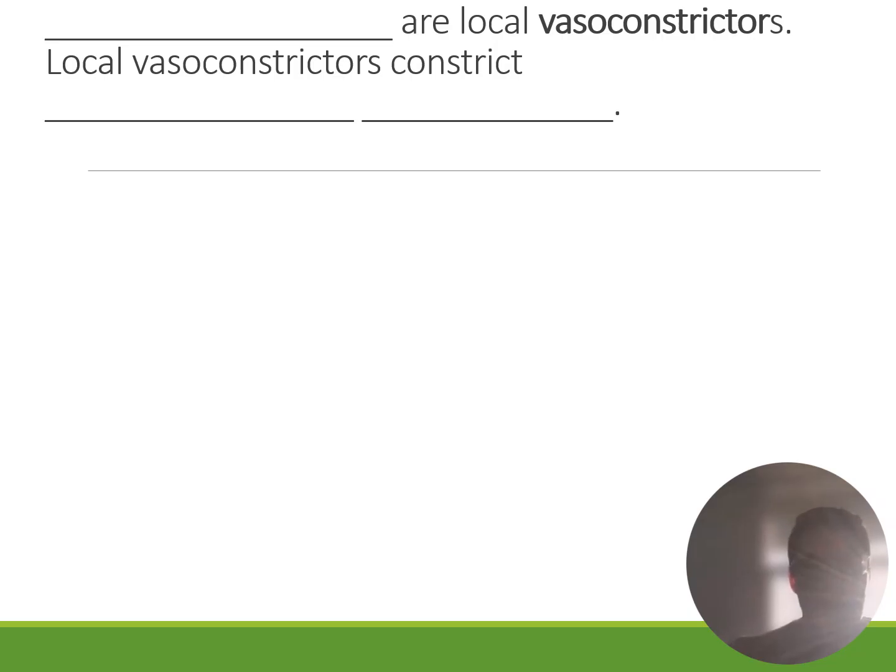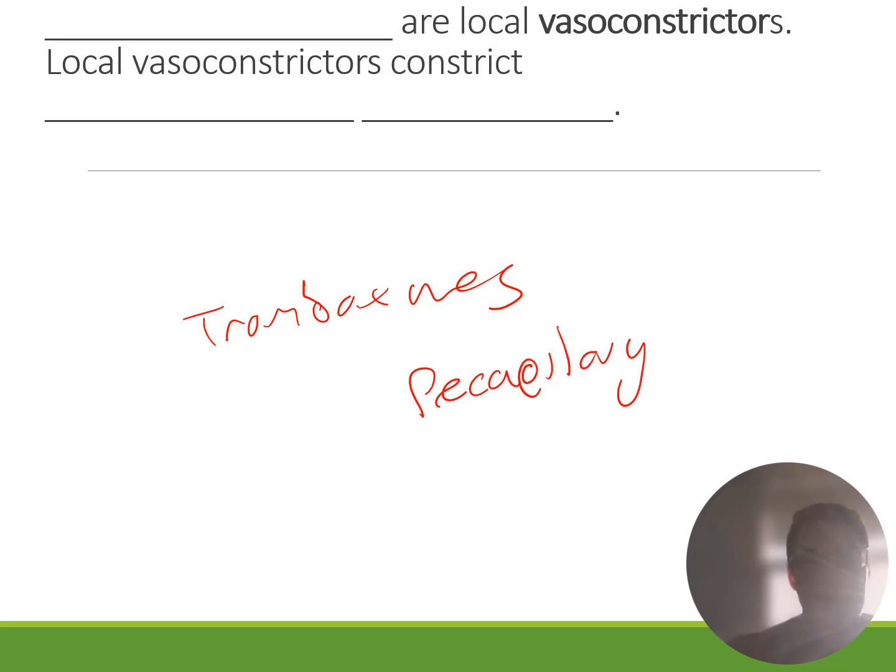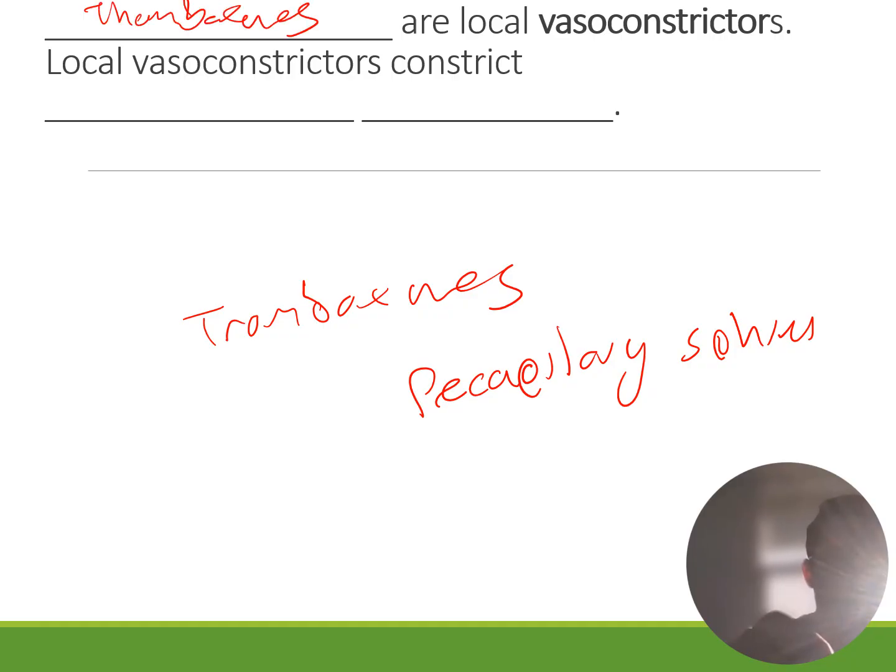So what are the local vasoconstrictors? Thromboxanes. And local vasoconstrictors constrict precapillary sphincters. Thromboxanes are released by activated platelets, and we have precapillary sphincters.